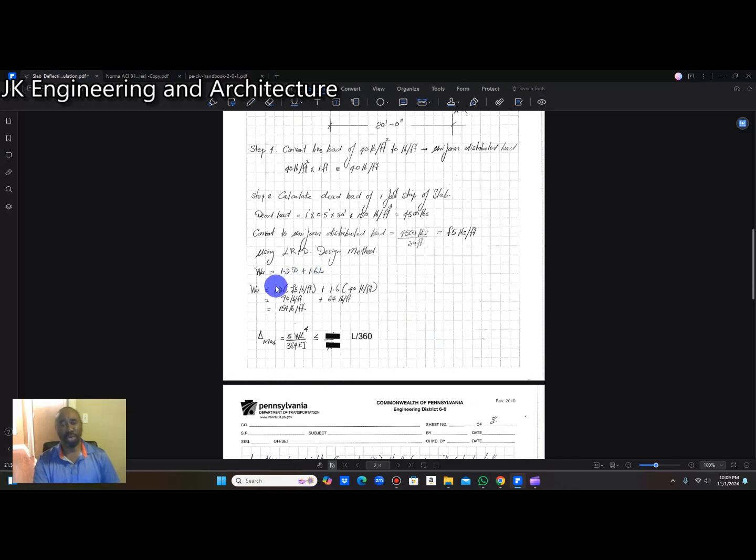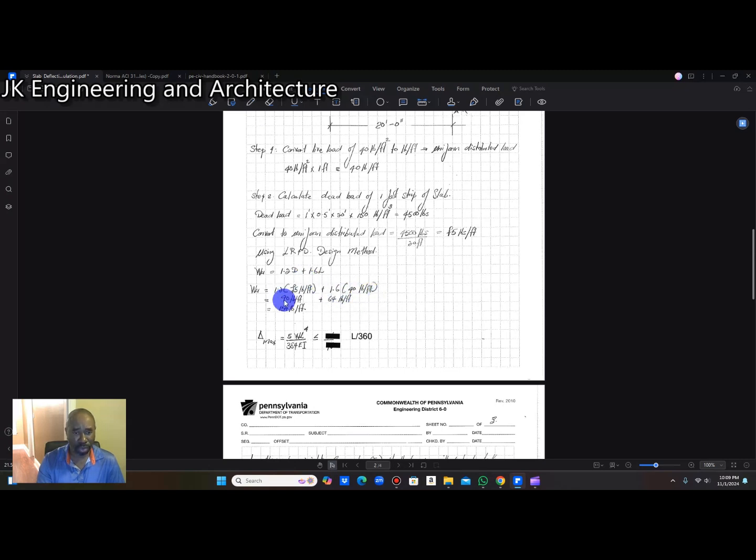So using the LRFD design method, for our ultimate weight, we're going to use 1.2 times the dead load plus 1.6 times the live load. So our ultimate weight is going to equal 1.2 times the dead load, which we just worked out to be the weight of the slab, 75 pounds per foot, plus 1.6 times 40 pounds per foot, which is the live load.